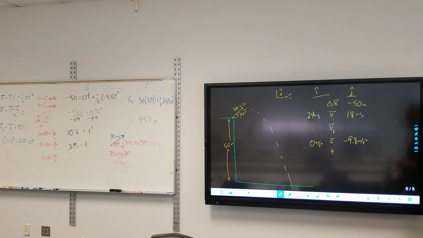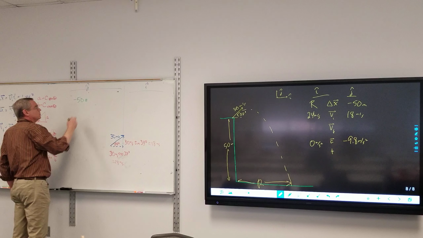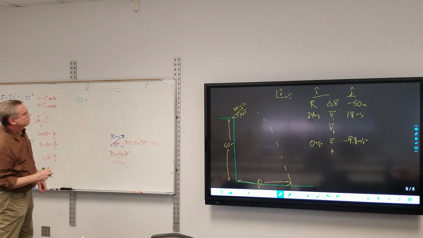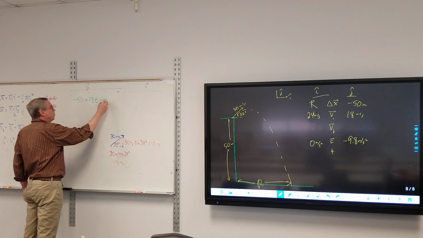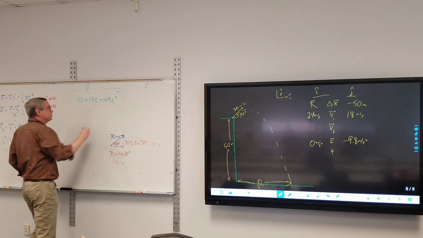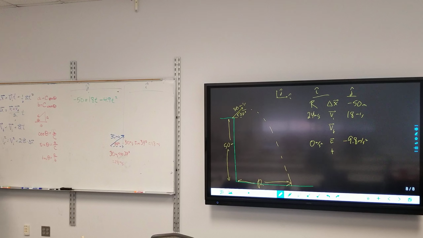So J hat, we have negative 50 equals 18 times time minus 4.9 t squared. And the 4.9 comes from 1/2 of 9.8. It is a quadratic equation.